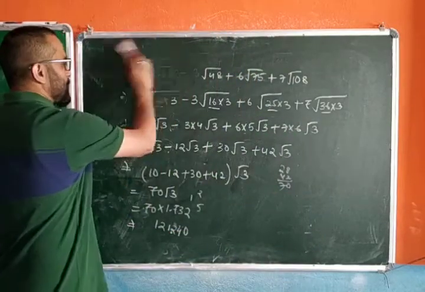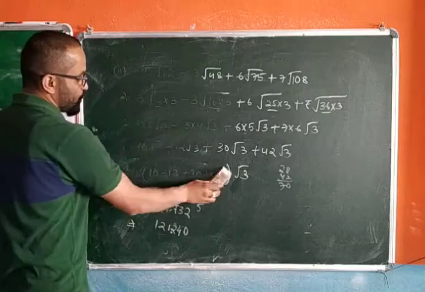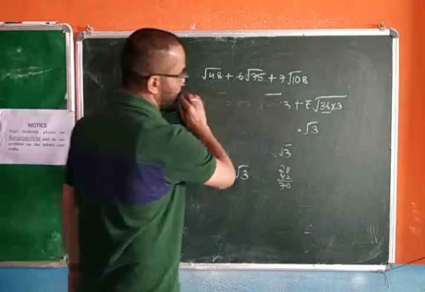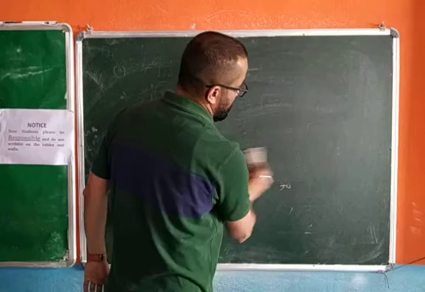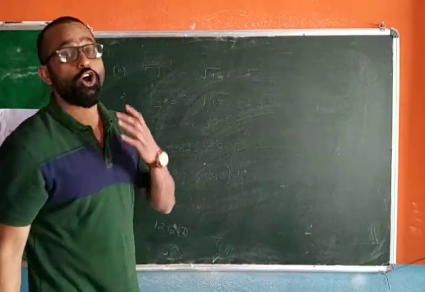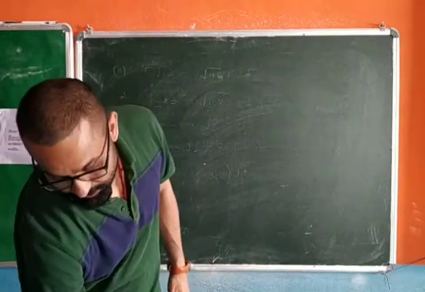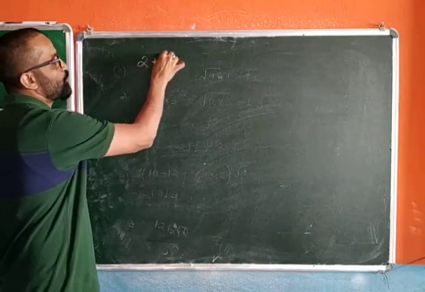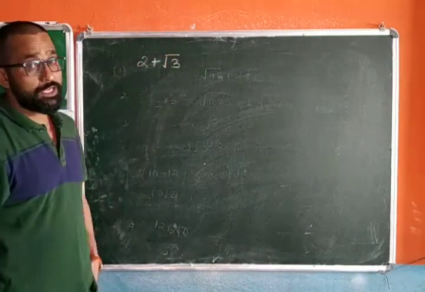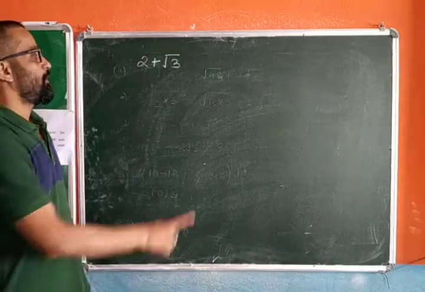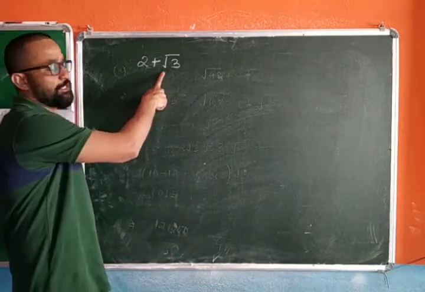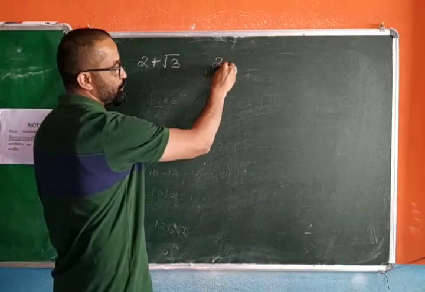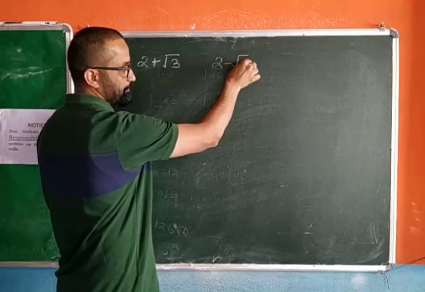You have some steps involved for rationalization, and you need to always rationalize the denominator. Suppose I write a surd 2 plus root 3, which is an irrational number, the rationalizing factor of this will be 2 minus root 3.